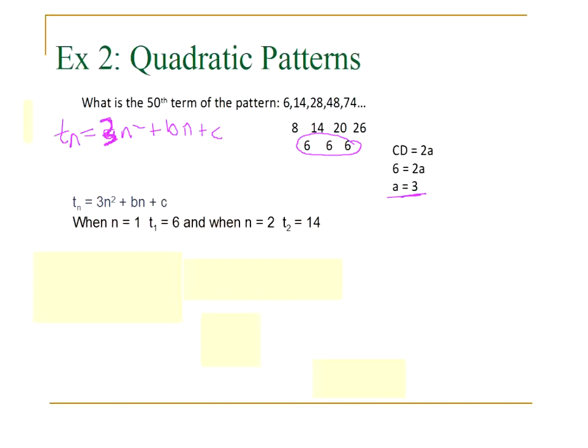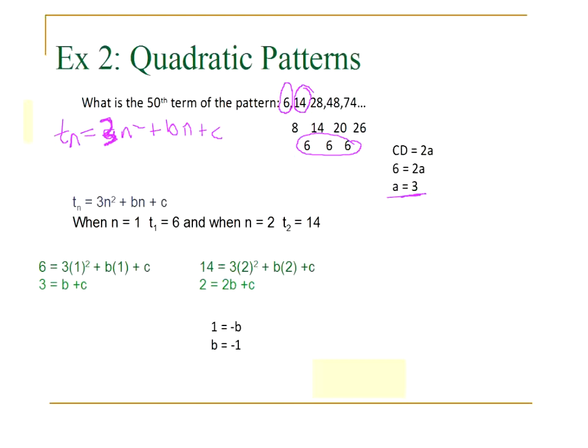And so now I can plug in when n equals 1, T1 equals 6, and when n equals 2, T2 equals 14. There's plugging in the first two data points. Think about it as n on top here as we had it in the last example. I can get some equations. I can subtract those equations, and I get the b value.